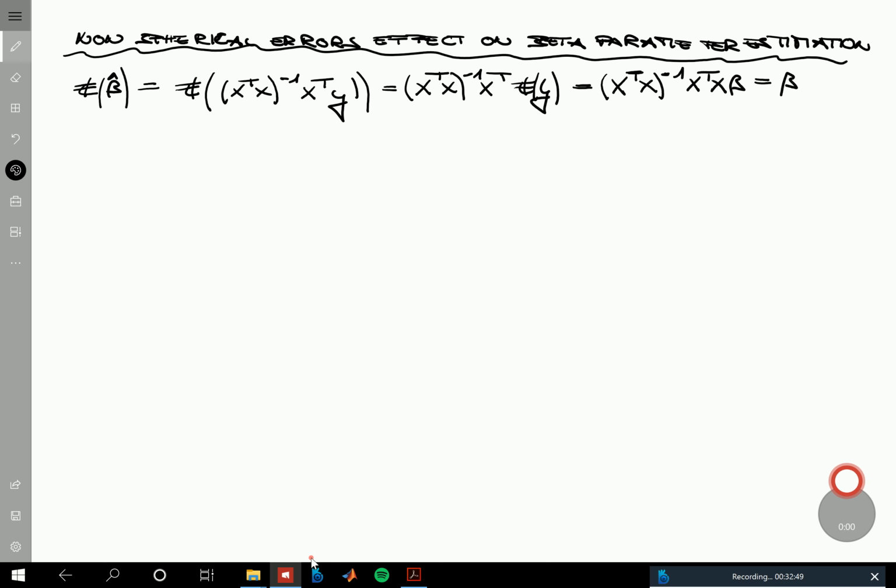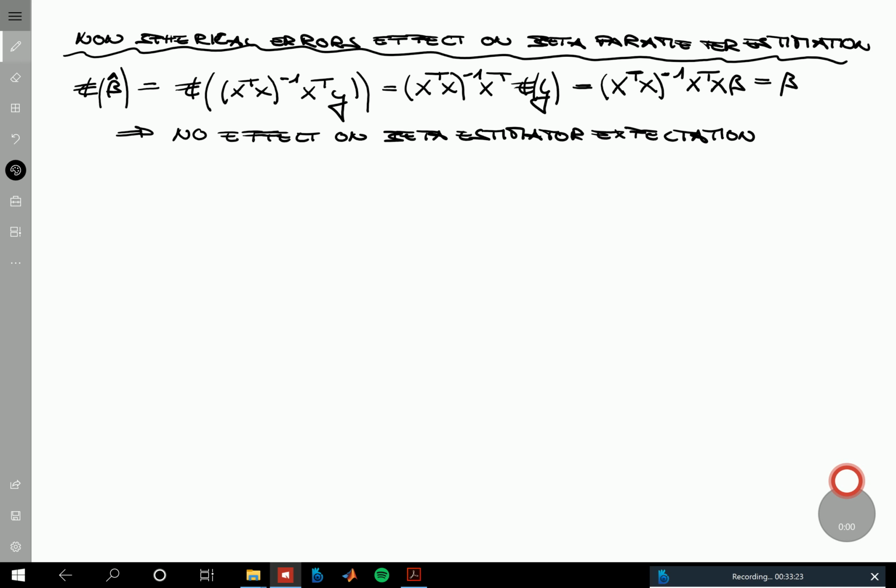So what we see is that there is no effect of non-spherical errors on the expectation of the beta parameter. It's not that the beta parameter estimates get biased by the non-spherical errors.